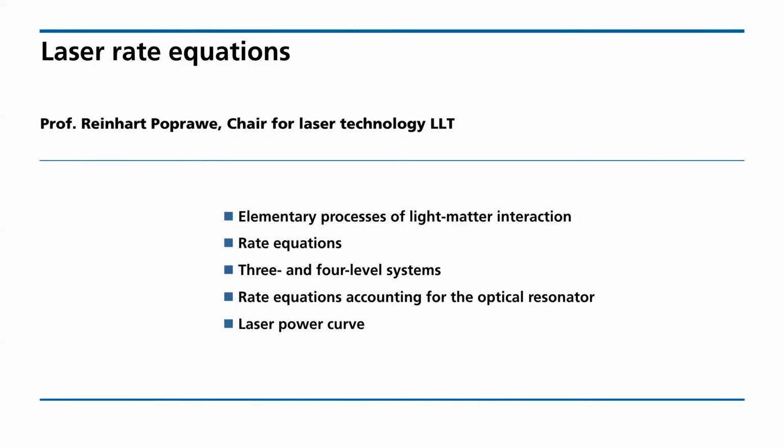We will take a look at 5 points. To start out with some motivation, we will talk about elementary processes of light-matter interaction. Then we will analyze the rate equations, the 3 and 4 level systems, and finally we will move on to the situation when we set up the rate equation for an optical resonator, which means that we now have the 2 mirrors selecting the modes in which the laser later on will start to oscillate.